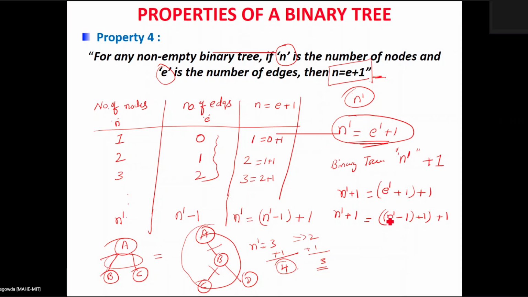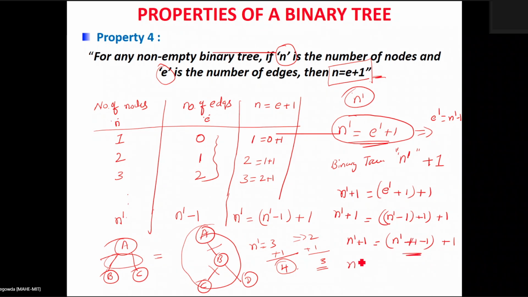I'm going to replace the E' value, where E' is equal to n' minus 1. So what I'll get is n' plus 1 is equal to n' minus 1 plus 1, and plus 1, and this is going to satisfy the same formula.